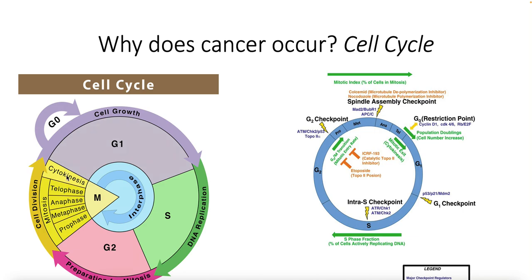And then in cytokinesis, we're talking about the whole rest of the cell. So all the mitochondria, the Golgi, the ribosomes, lysosomes, everything else needs to get split from the parent cell to the two daughter cells. And so that's the difference between mitosis and cell division.